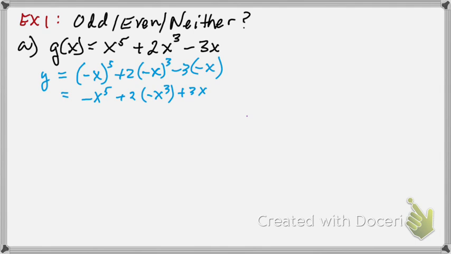Now I can change this right here to just minus 2x cubed, right? Scoot him over to there. Like that?